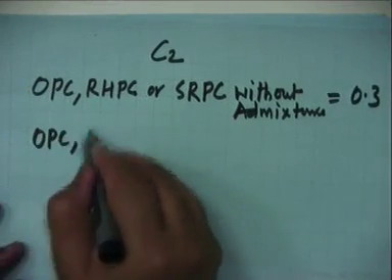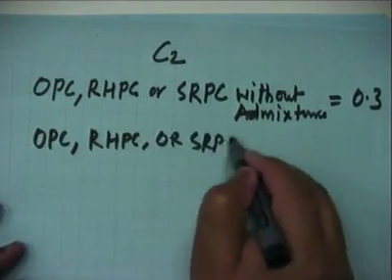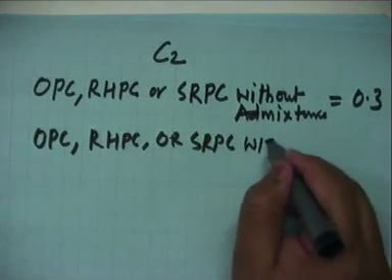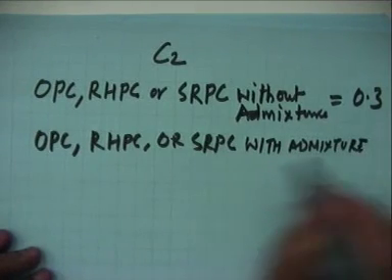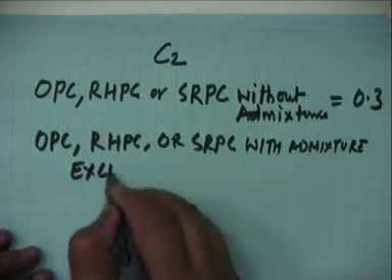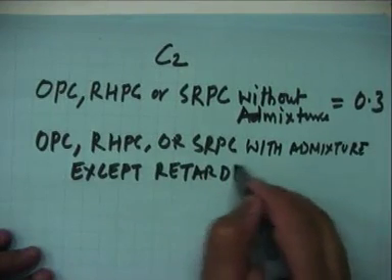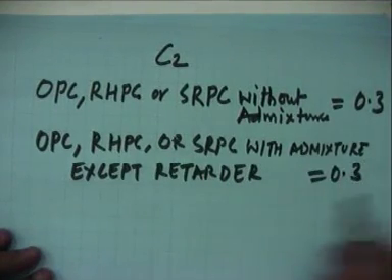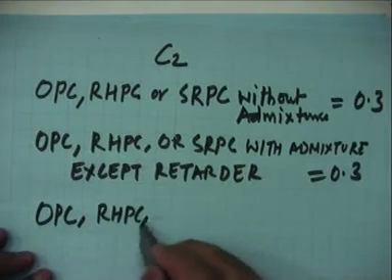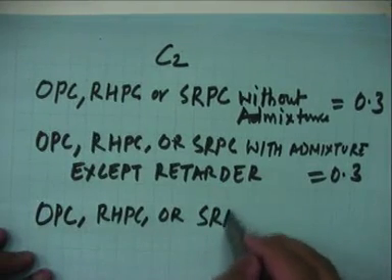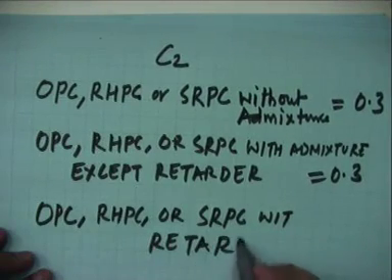Similarly, OPC, RHPC or SRPC with admixture except retarder, this value is also 0.3. Now, OPC, RHPC or SRPC with retarder, it is 0.45.